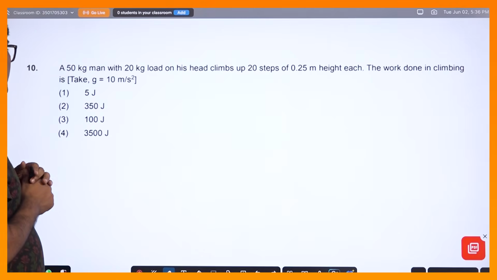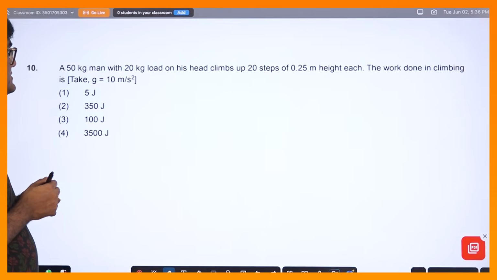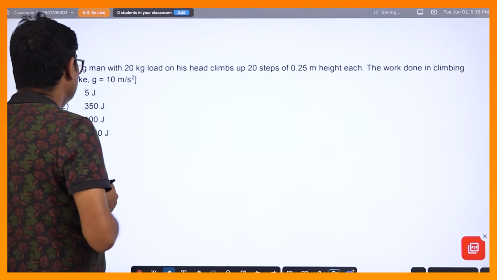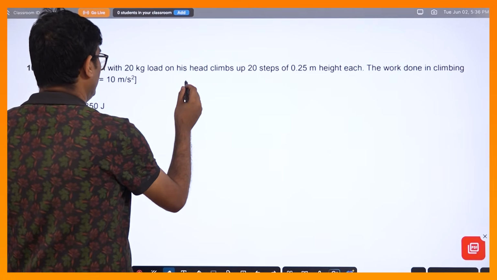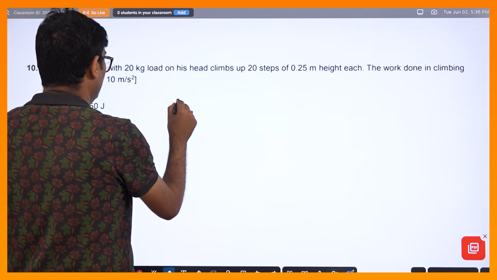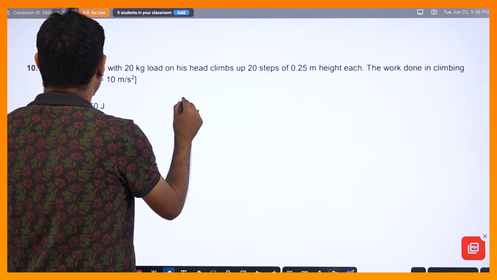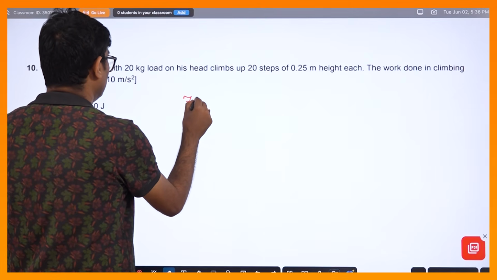A 50 kg man with a 20 kg load climbs up 20 steps of 0.25 meter height each. What is the work done in climbing? So the man with the 20 kg load climbs up. So the total load is 70 kg, right?